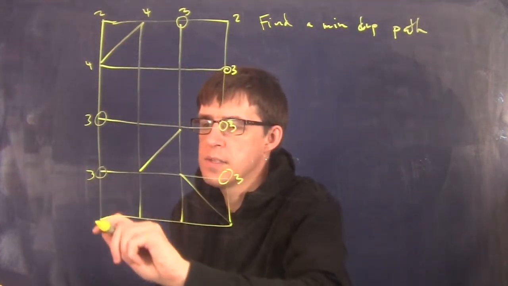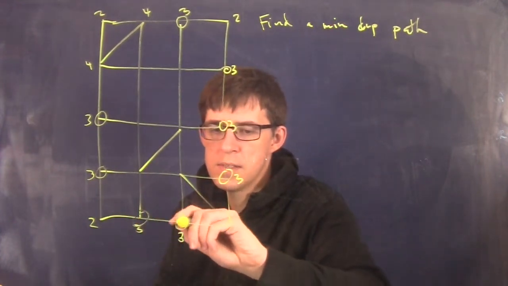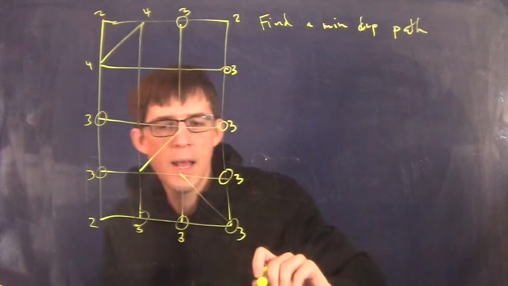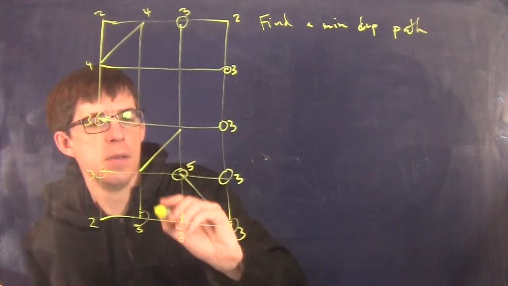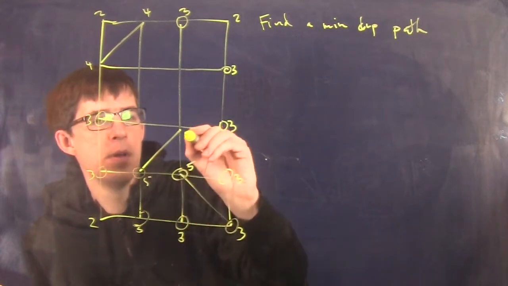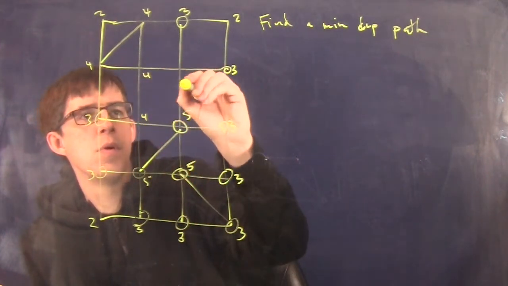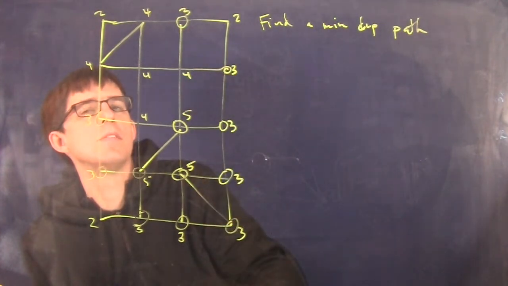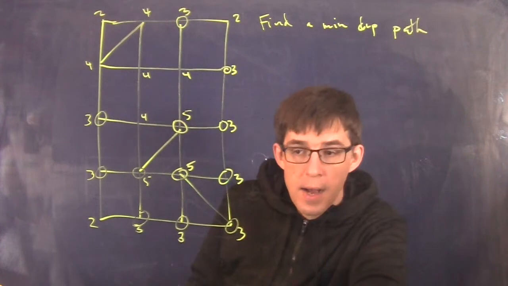That's a 3, odd. That's a 2. That's a 3, odd. That's a 3, odd. That's a 3, odd. I've got a lot of odds here. Here we have 5, here 5, here 5. Here we have 4, 4, and 4. I think I looked at all of them. So the circled ones are the odds.